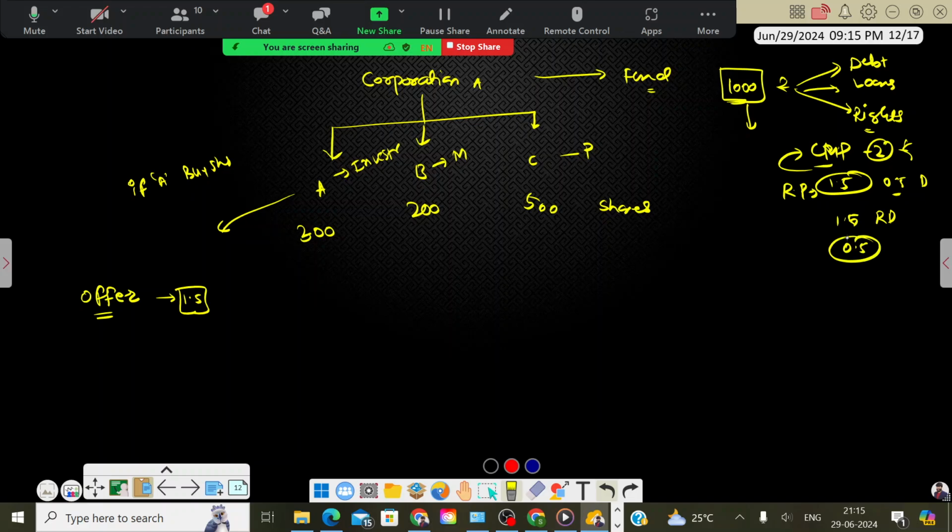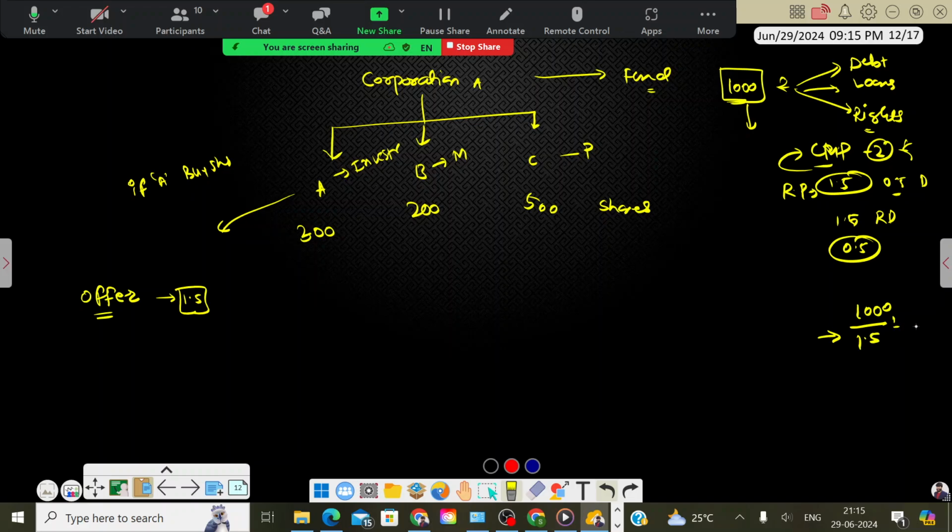So your thought process as an investor would be, if I participate in the company, and the company is offering, let's say, 300 rights, because rights are allocated on the basis of your existing shares. In this case, let's say the company comes up with a resolution to raise 1000 rupees, with a share price of 1.5.